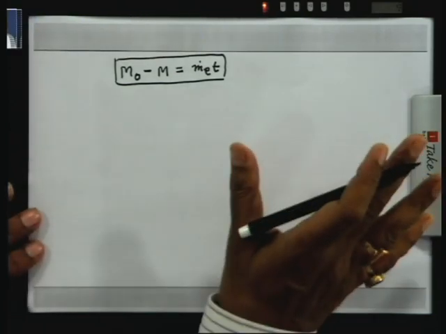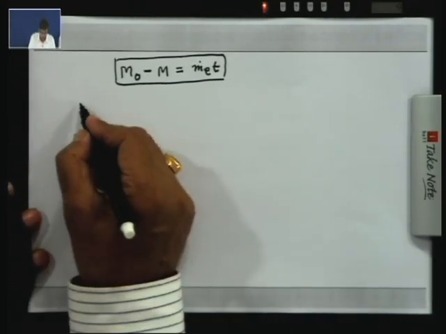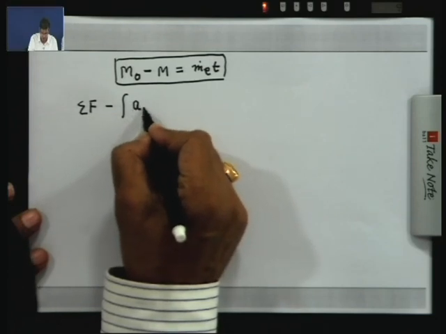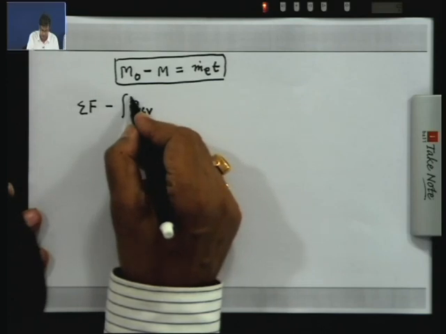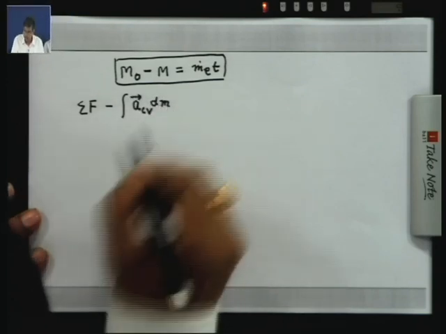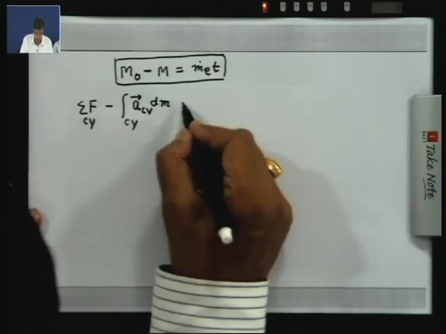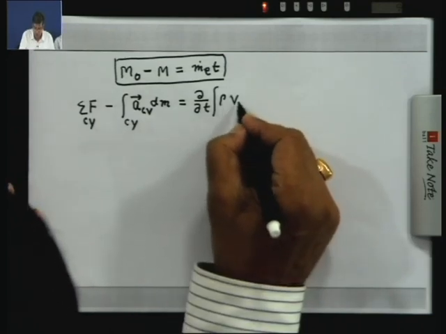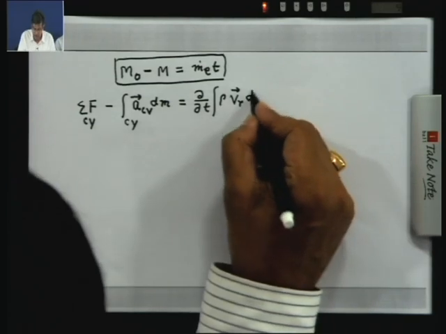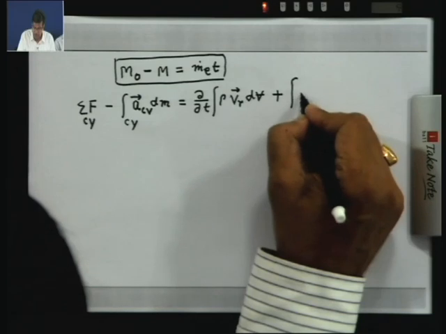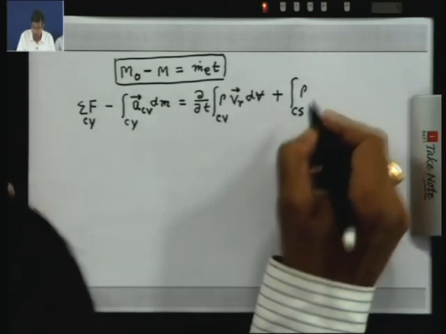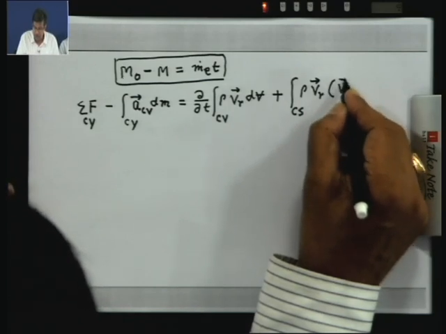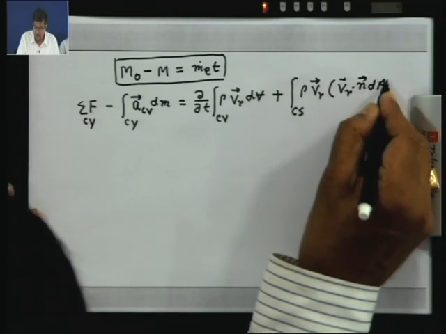I have deduced this earlier and described it emphatically: sigma F minus the system acceleration of the control volume into dm over the control volume equals del del t of the integral of rho VR dV over the control volume, plus the rate of momentum efflux over the control surface, rho VR VR dot n dA. This represents the volume flux. Now you know all these things very well.